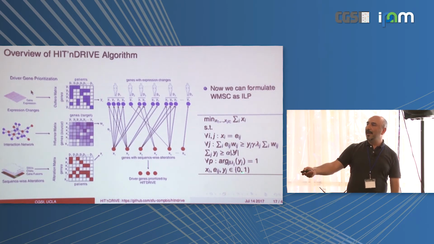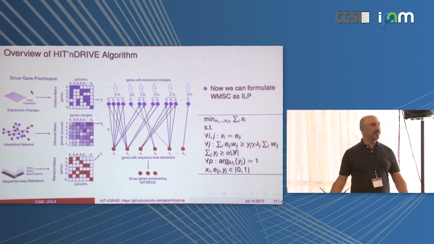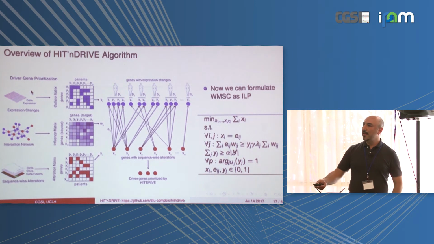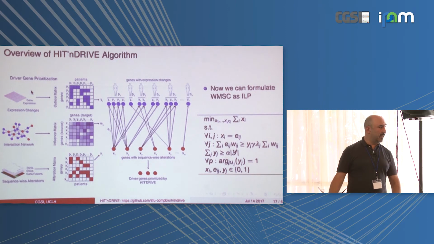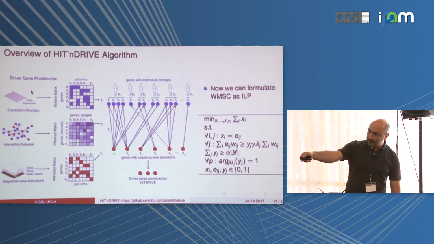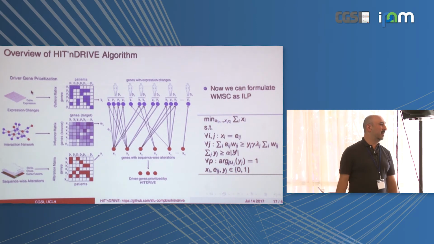So here's the ILP. If you're interested, obviously, you can find and go through it. But let me just summarize what's going on. So I have these patients. I figured out which genes have been expression-wise altered for each patient. And I have these genes that have been sequence-wise altered. If this particular gene has been altered in this patient, I put an edge between this gene and that gene, all genes that have been expression-wise altered.